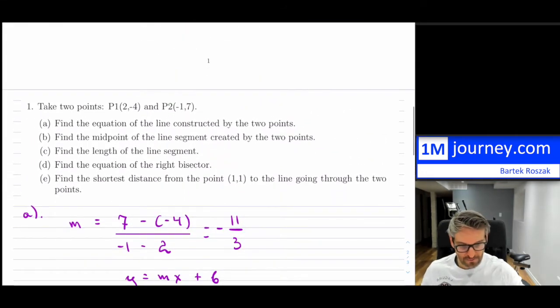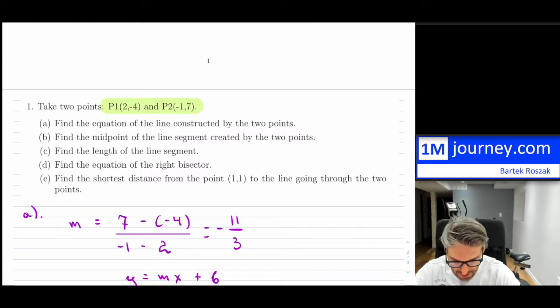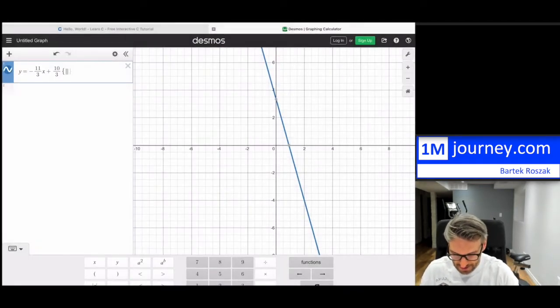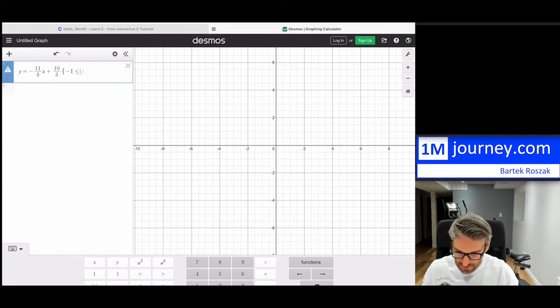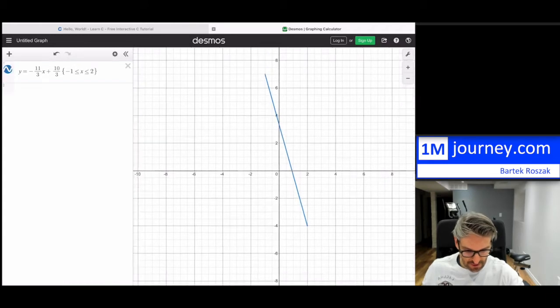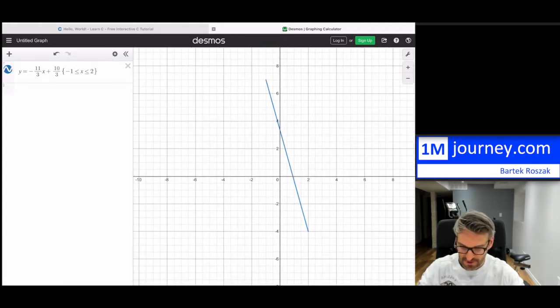So x is between -1 and 2. So it is between those 2 particular points.